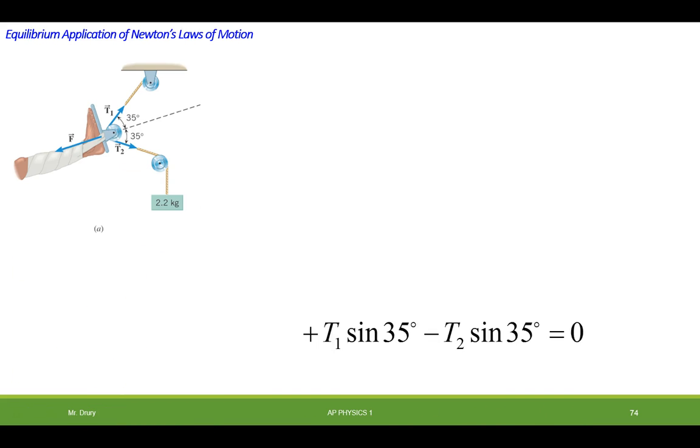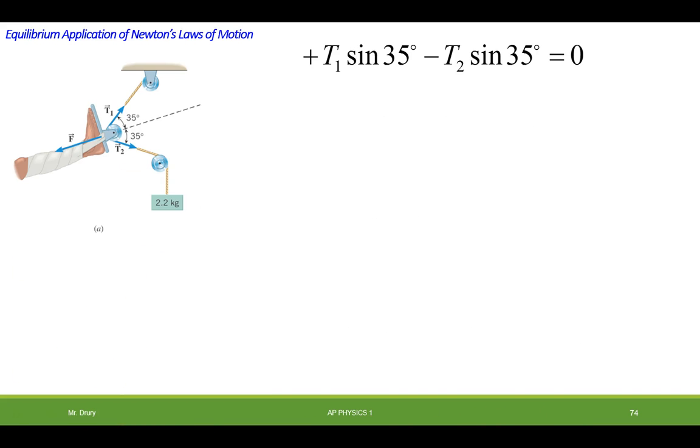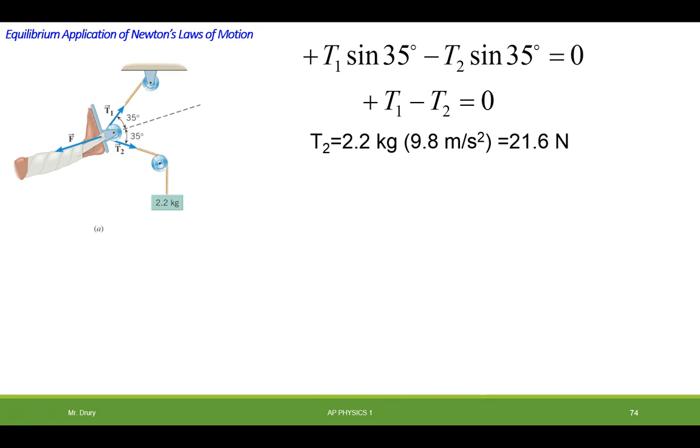And we try to solve for unknowns. So we take our first equation and realize that sine of 35 is in all terms, so we can get rid of that. And we determine that T1 minus T2 equals 0. And we know that T2 has to equal the weight that's hanging down on it, causing this tension, right?